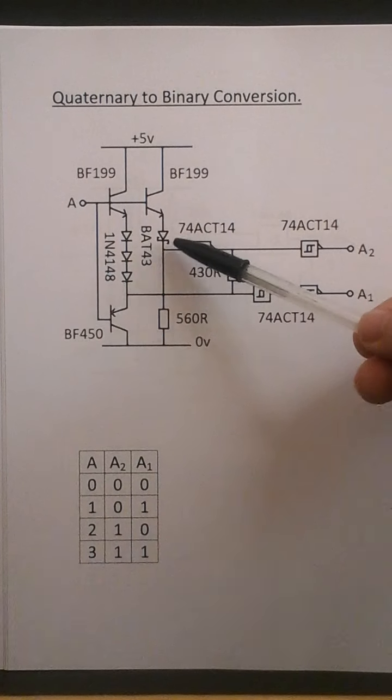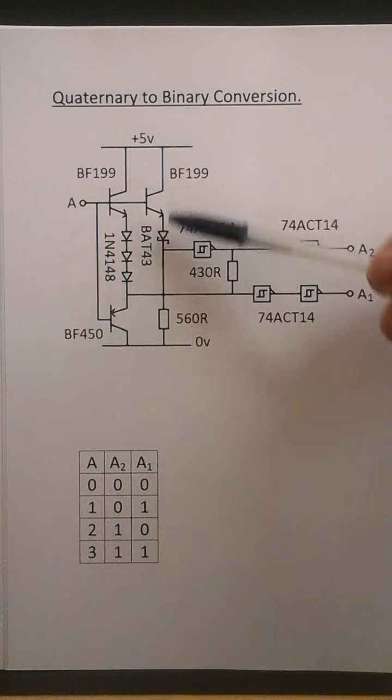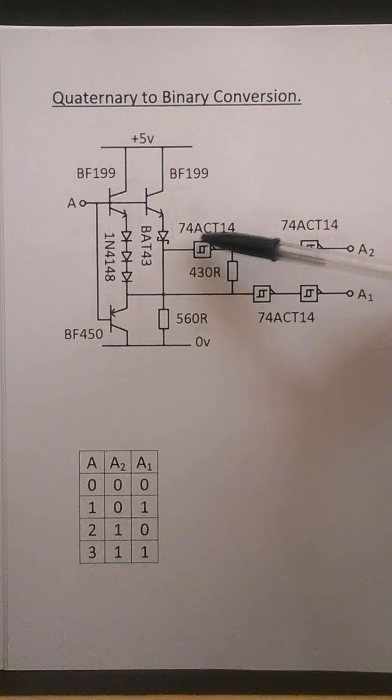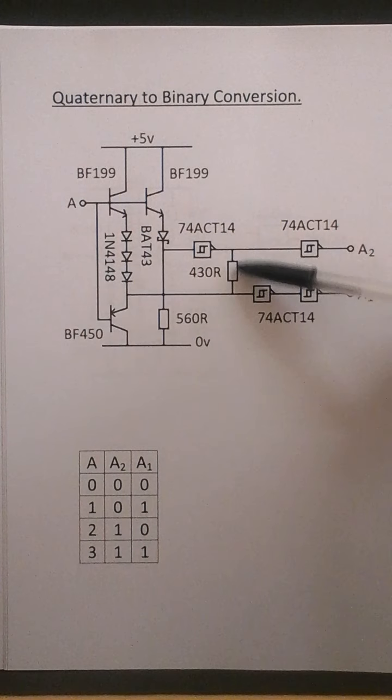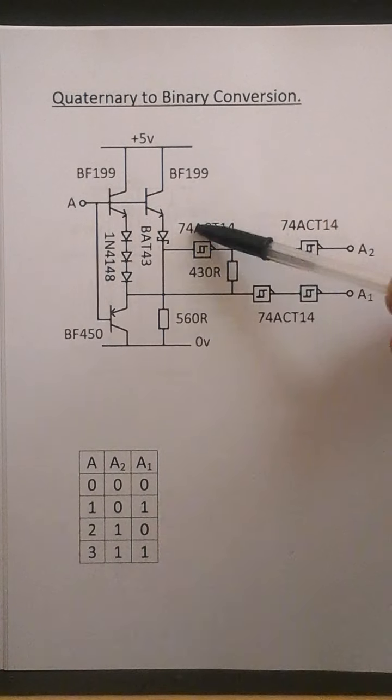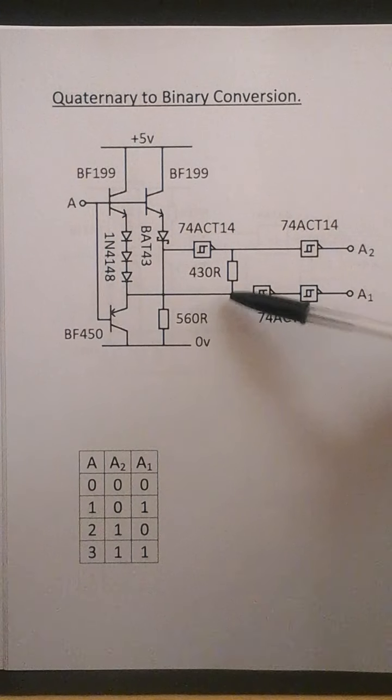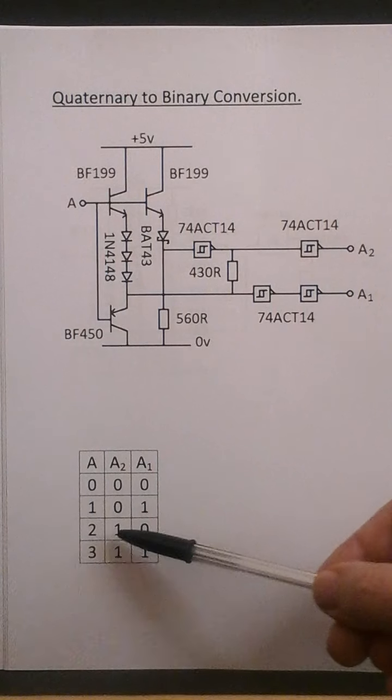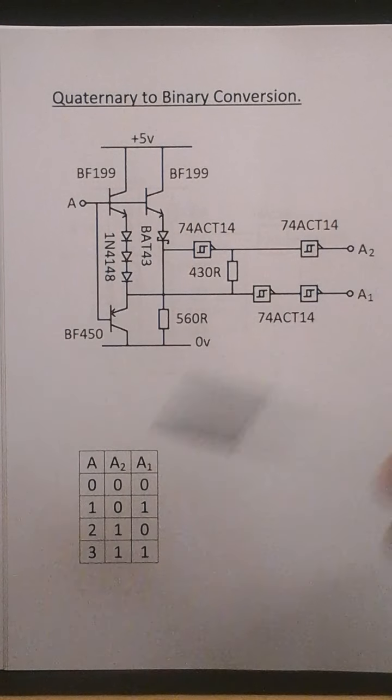2, this gate goes to logic 0, which acts as a pull down resistor here. So current flows through this resistor to 0, and this is a binary logic 0. So A1 is a 0, and A2 is a 1.